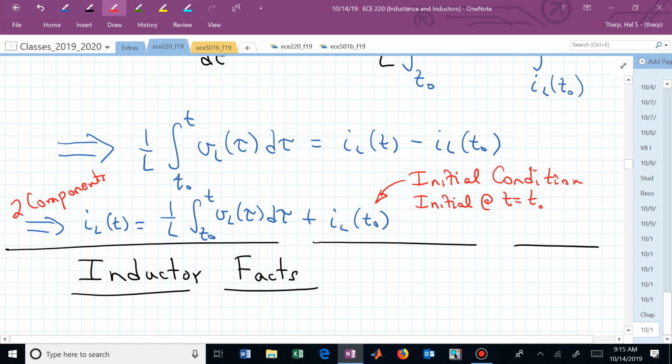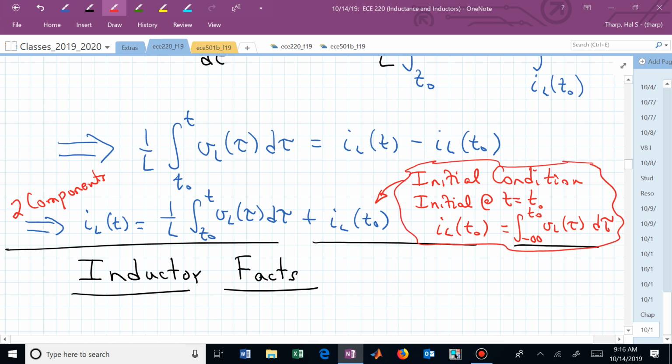And in fact, you could say that was I sub L of t sub 0. That was from whenever, minus infinity, up to the present time of the voltage V sub L of tau d tau. That's the initial condition.